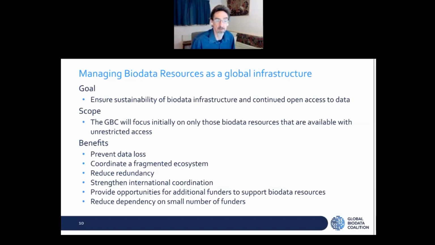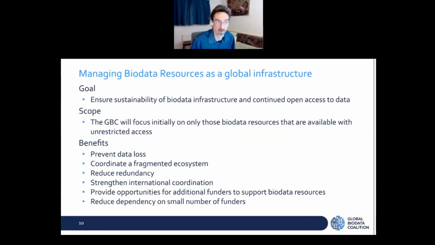The scope of the GBC is at the moment only on unrestricted open access data resources. So we are, for the moment, not looking at anything that requires consent to access. That will probably come later, but it's just a bit too complicated at present.